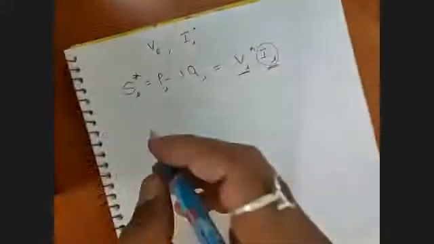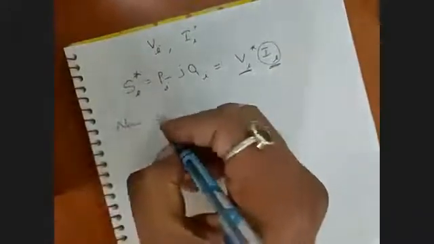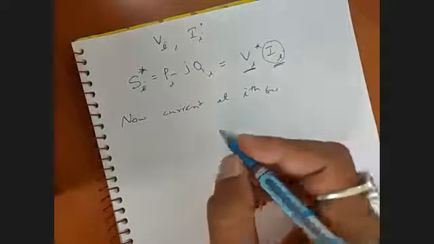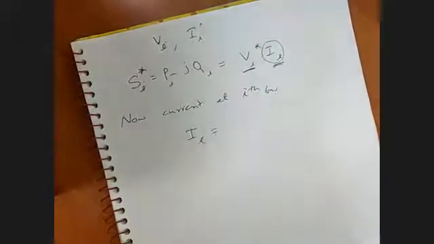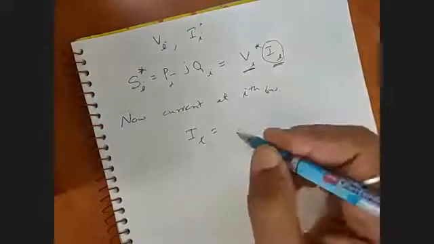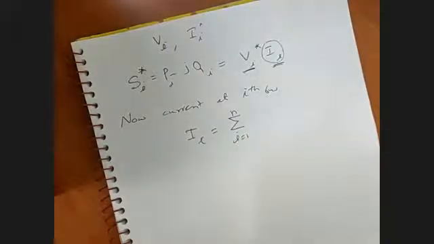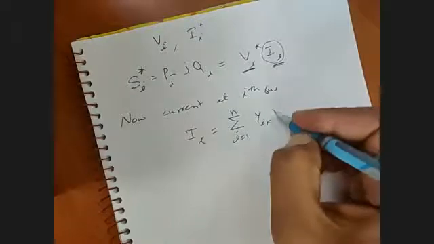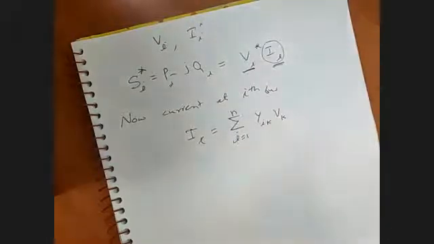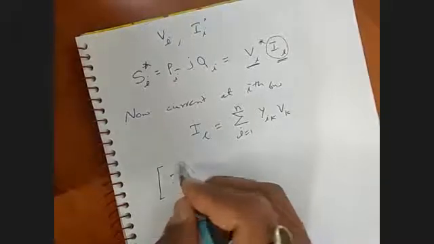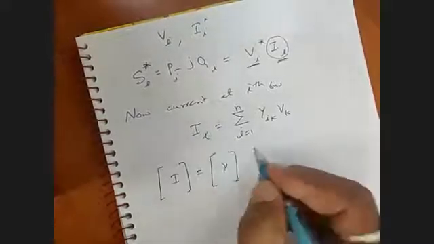So now current at ith bus. So current at ith bus is given by Ii equal to summation k equal to 1 to n Yik Vk. If you remember, your equation is I equal to Y into V.